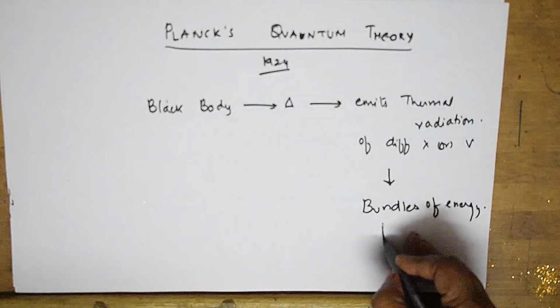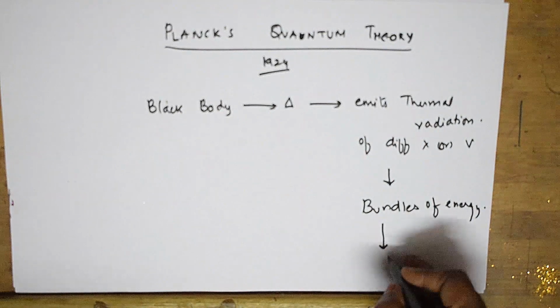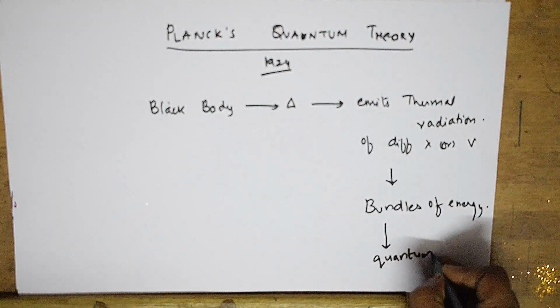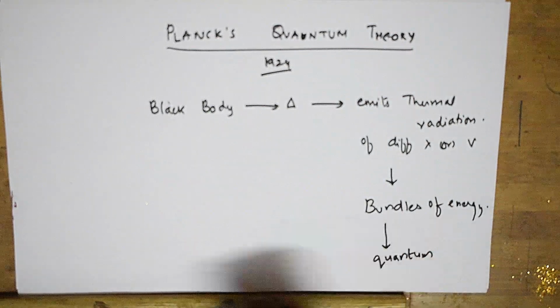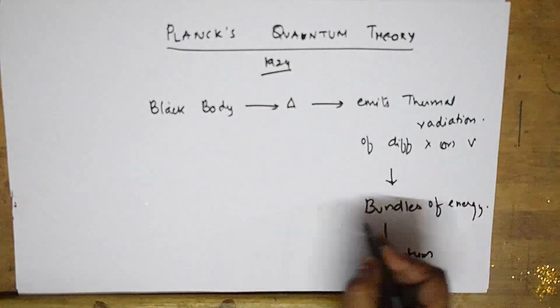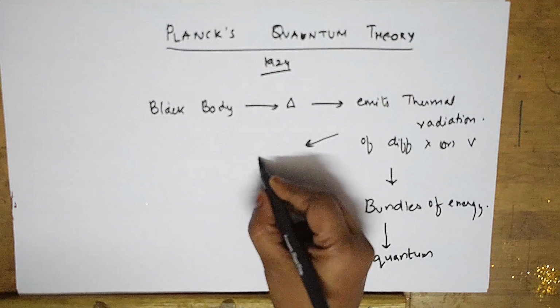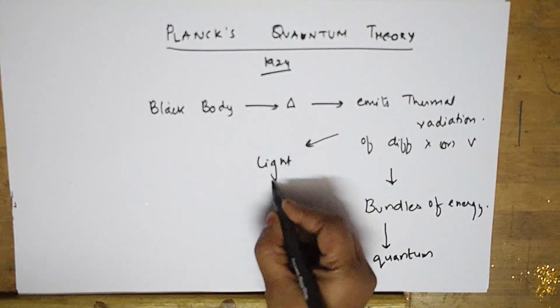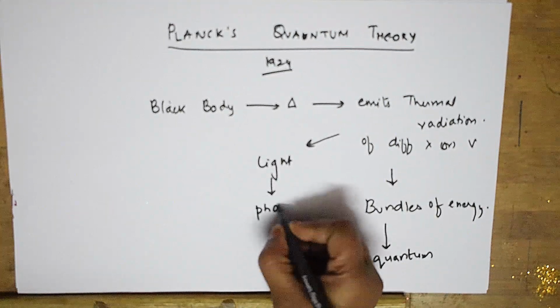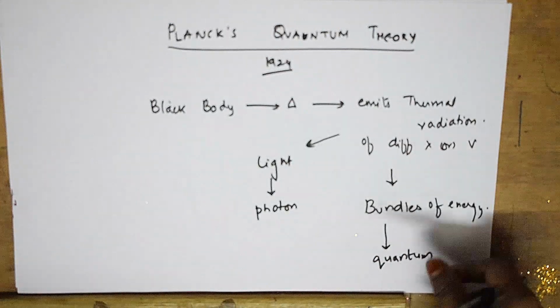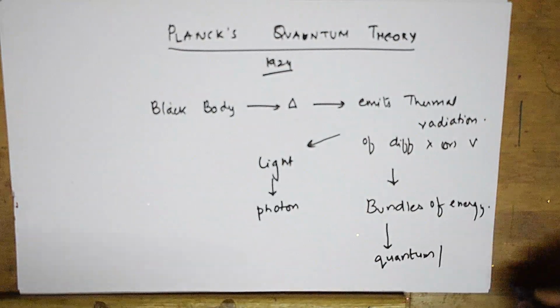These small packets or bundles of energy are called quantum. When we speak in terms of light, we use the term photon. For light as photon, for bundles of energy as quantum. If it is many packets, then we call it quanta.